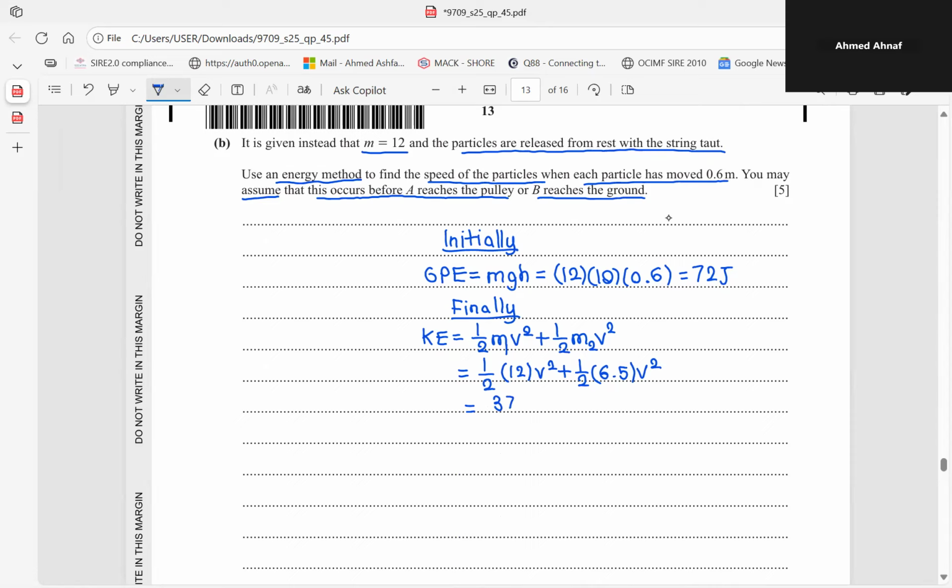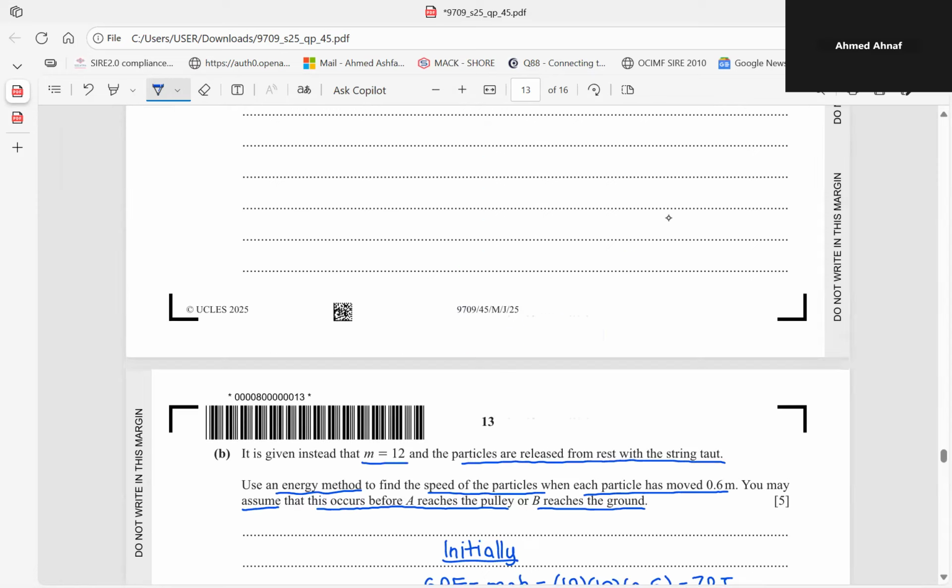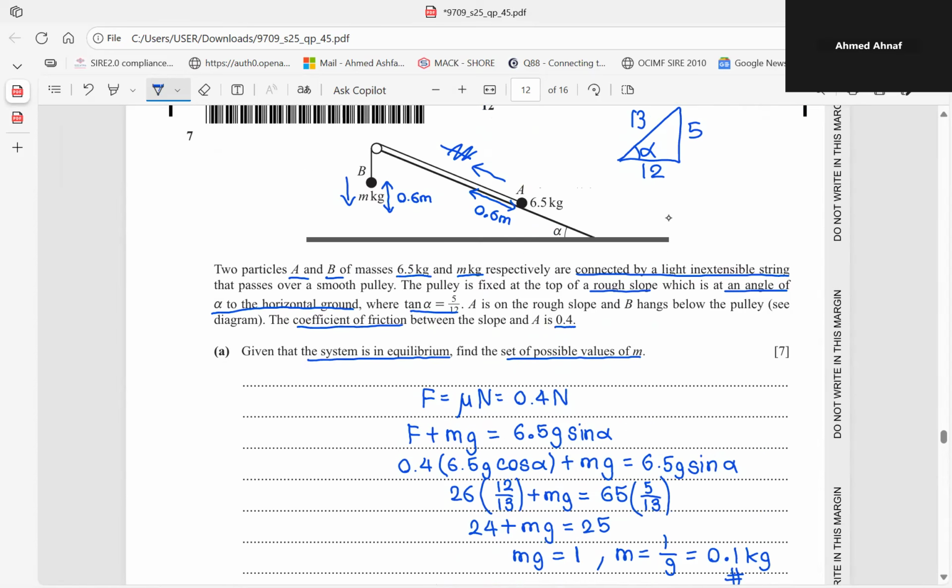You will get 37 over 4 v squared. So this is the KE after they're released.